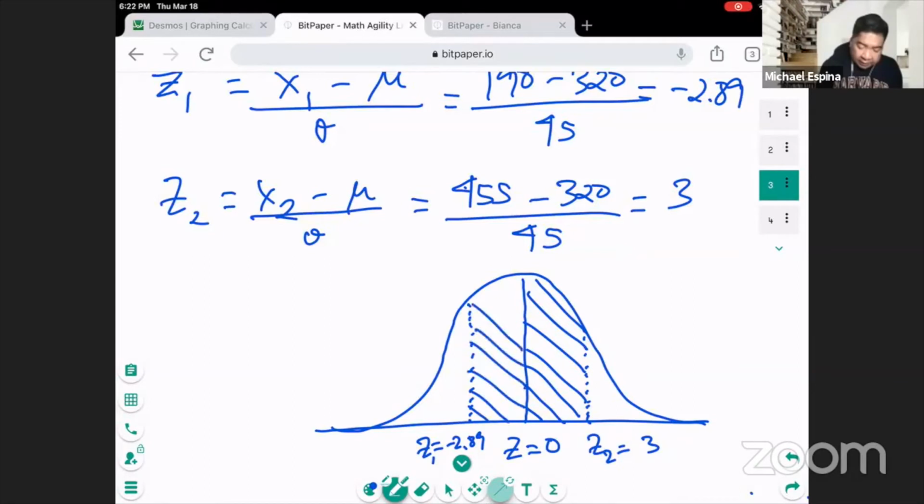All this area covered in the middle would be your probability. And how can we compute it? We have two ways to do it. One is we can use technology, and the other is we can use the Z-score table.